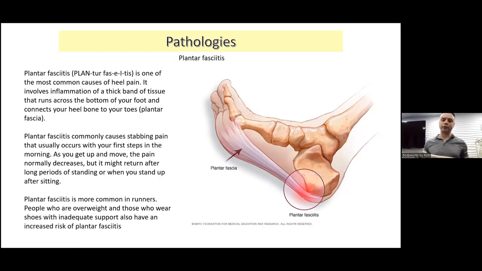However, it's not the only cause. Some other causes could be heel spurs. So a piece of the bone, a bone spur, could be developed right there on the calcaneus and actually presses into the plantar fascia, which then causes irritation as you move.